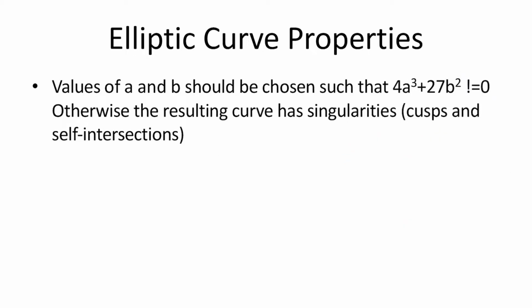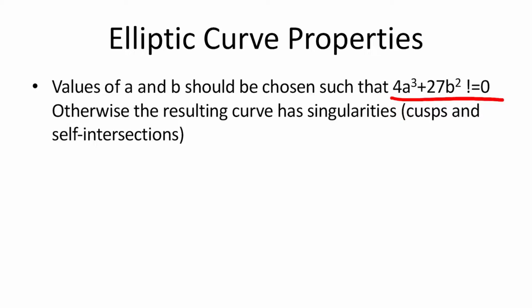Now, there are certain values of the constants a and b that are not allowed in elliptic curves. These are any values of a and b that result in this equation equaling 0. In other words, a and b values should be chosen such that 4a³ plus 27b squared, when computed, is not equal to 0.